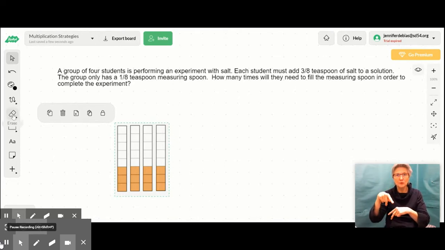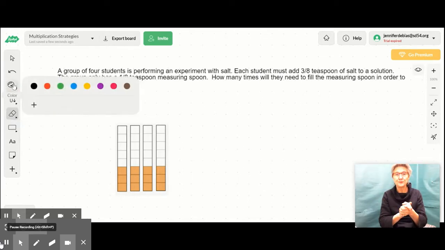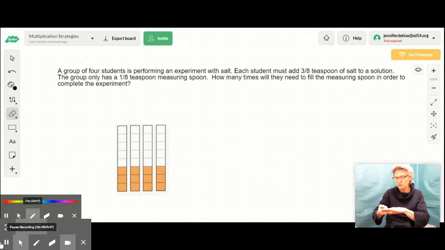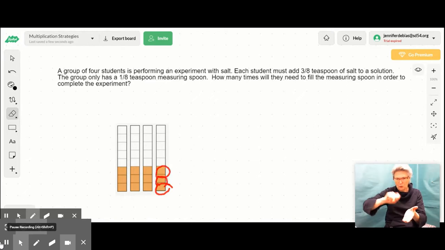Okay, I know that each time I fill my measuring spoon, I'm going to fill it 1/8, 1/8, 1/8, right? So how many times did I fill it for that one student?